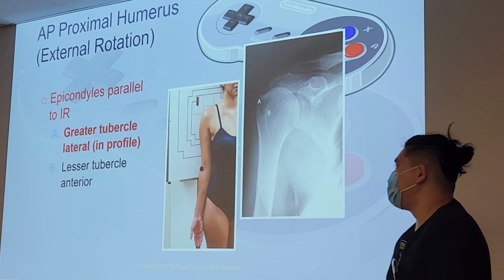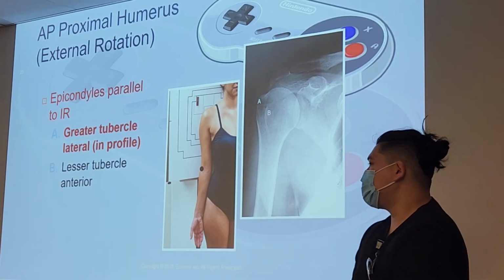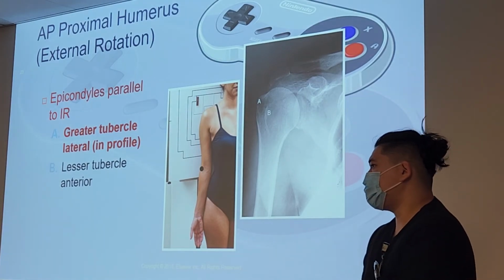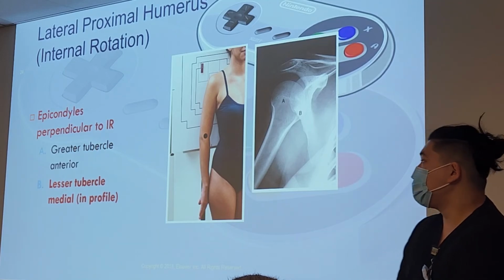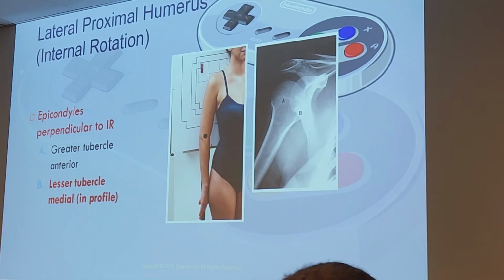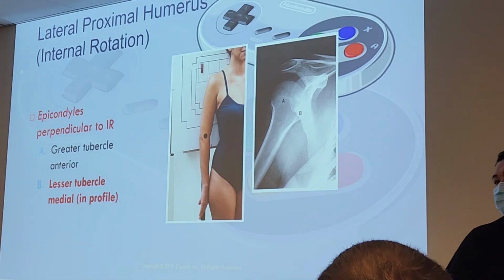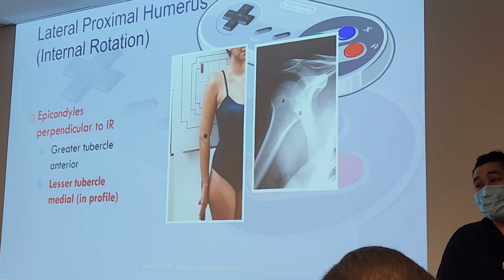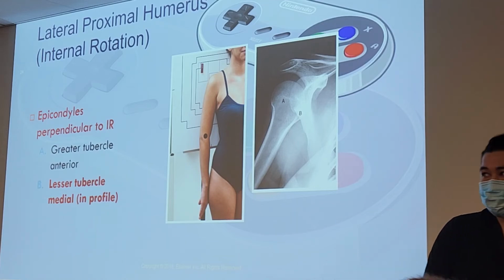Now watch closely, when you go to this next slide, how that's going to change. You'll see the difference. Now we're going to go internal rotation, so we're turning our hand inwards and putting our epicondyles perpendicular to the IR instead of parallel.